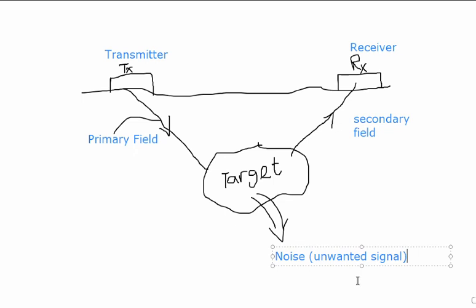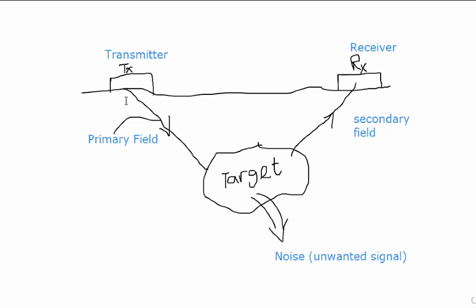So what are we saying? The secondary feed must be very, very large compared to the unwanted signal. I hope you understand what that means now. I've just used this diagram to illustrate what we call secondary feed, what we call primary feed, and what is noise, which is unwanted signal.